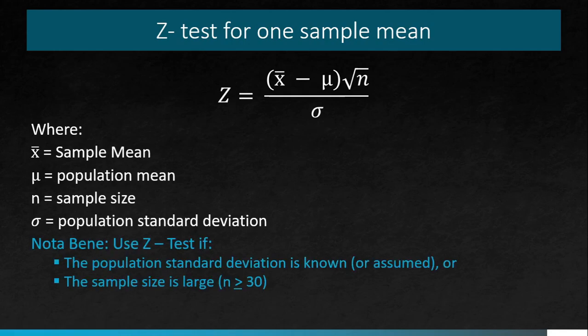Take note that we will use the z-test if the population standard deviation is known, that's why we have it here, and your sample size is large, meaning n is greater than or equal to 30.